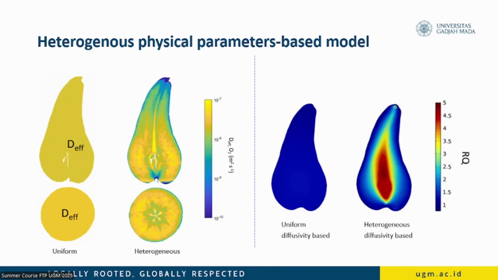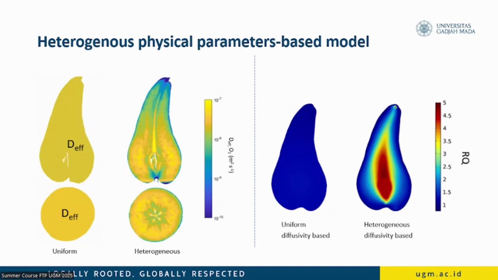And then we implement the heterogeneous physical parameters based models. For example, here, using the uniform gas diffusivity and using heterogeneous gas diffusivity. And then we do some computations here. With the uniform one, the RQ, or respiratory quotient, is the indicator of the quality of the product.